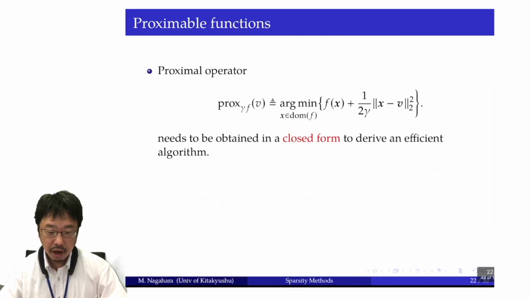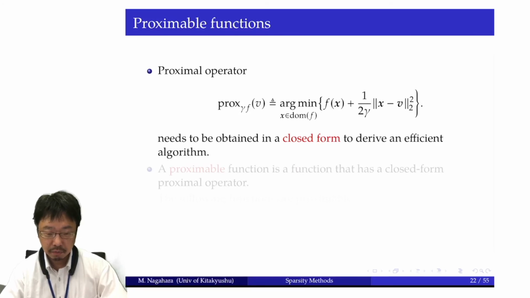The proximal algorithm is, however, useful just for specific functions. That is, to use the proximal algorithm, the proximal operator needs to be obtained in a closed form to derive an efficient algorithm.